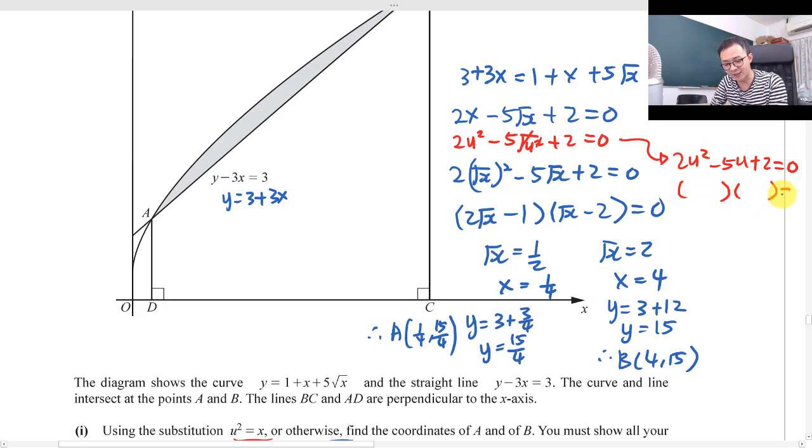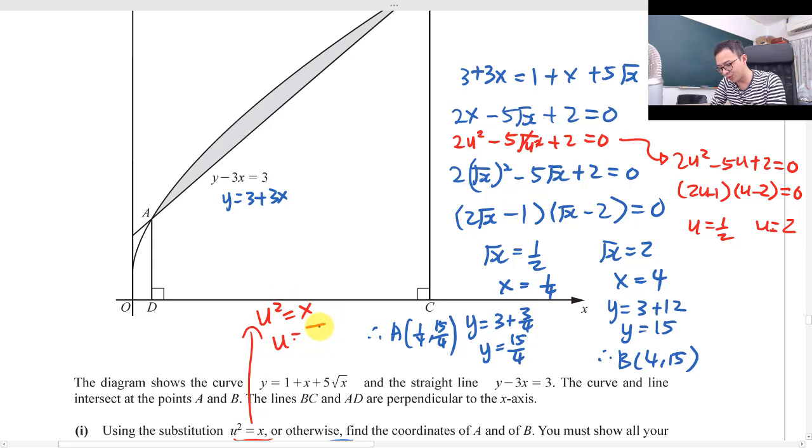Then you factorize this: 2u, u, 2, 1, minus for both. So u equals half and u equals 2. And what is your u? Because u squared equals x, u is equal to square root x. Then you sub back, and at the end you should get the same result as me. Yeah, but this factorization is kind of complicated. Okay, but at least I know this is 1 over 4 and this is 4.